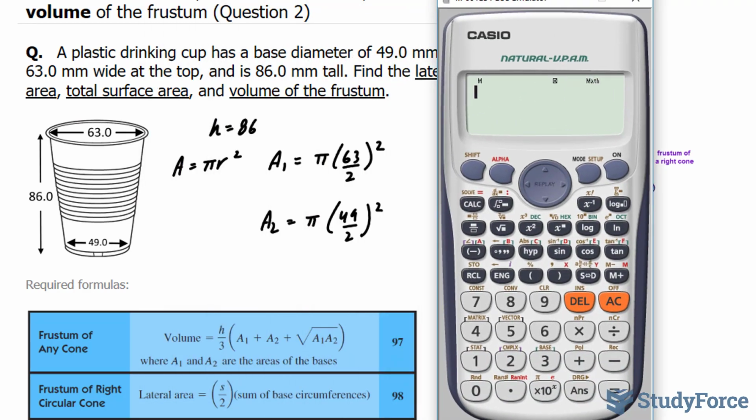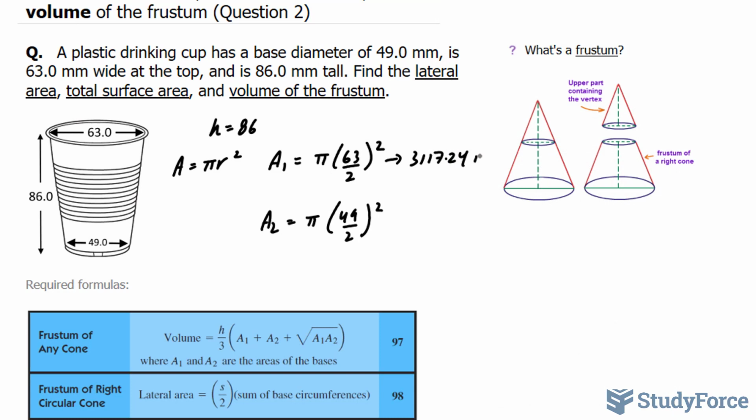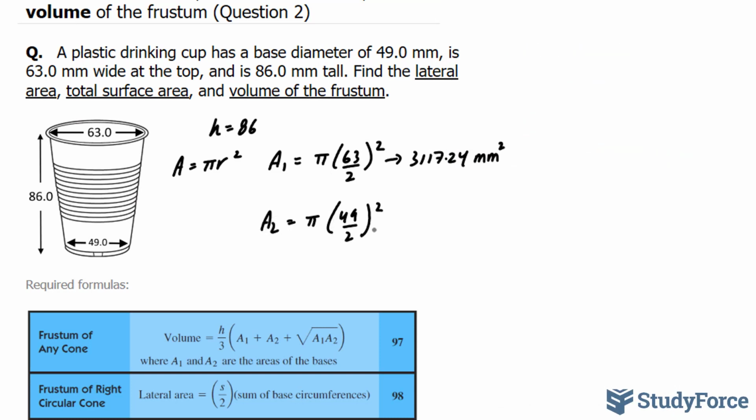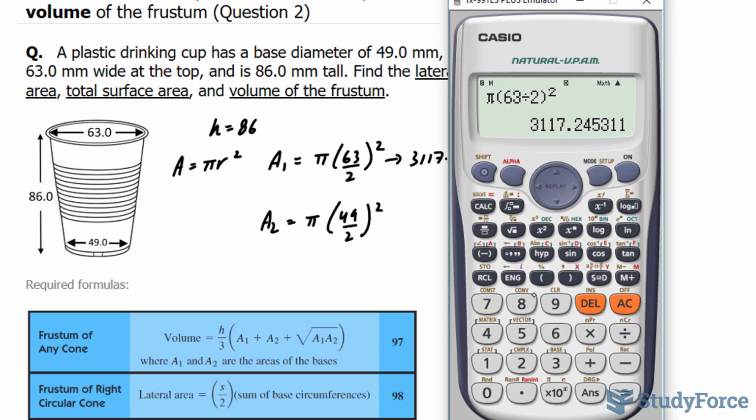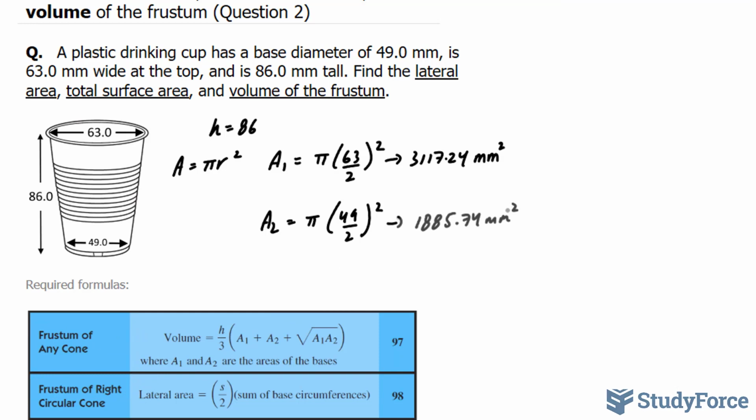Using our calculator, pi bracket 63 divided by 2 to the power of 2 is equal to approximately 3117.24 millimeters squared. And next, the area of the second base, pi bracket 49 divided by 2 to the power of 2, is equal to 1885.74.